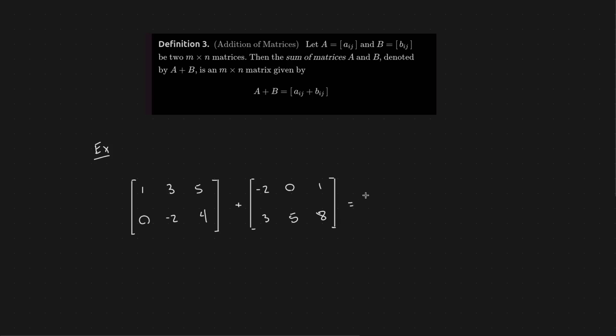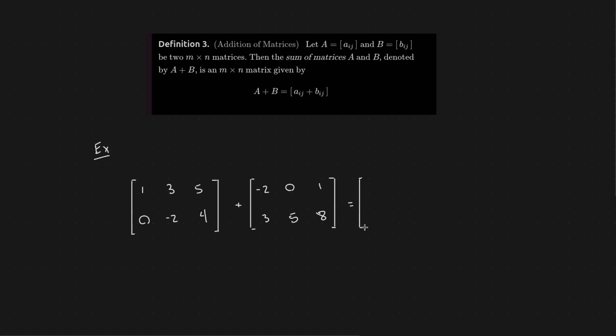According to the definition, the ij entry of the sum is the ijth entry in matrix A plus the ijth entry in matrix B. In other words, we're adding this pretty much exactly the same way as we did vectors.